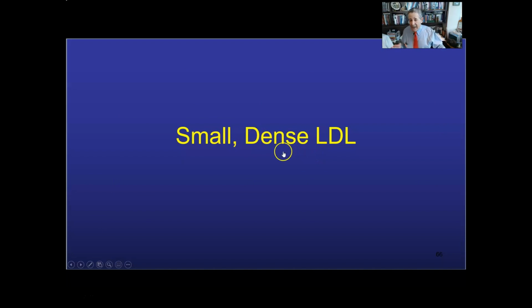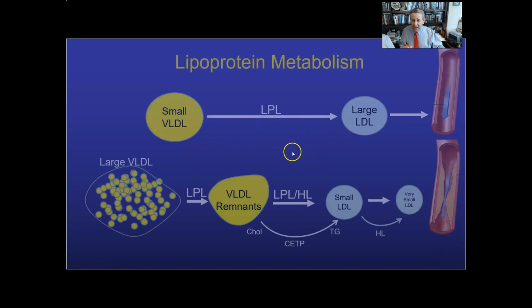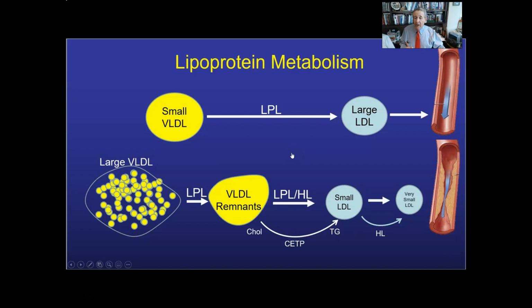Now, why is small, dense LDL so important? Well, in most Americans now, even young, healthy males, they are producing too much insulin. The insulin is turning sugar and bad carbs into fat in our liver. We're overpacking large LDL particles that are misshapen.